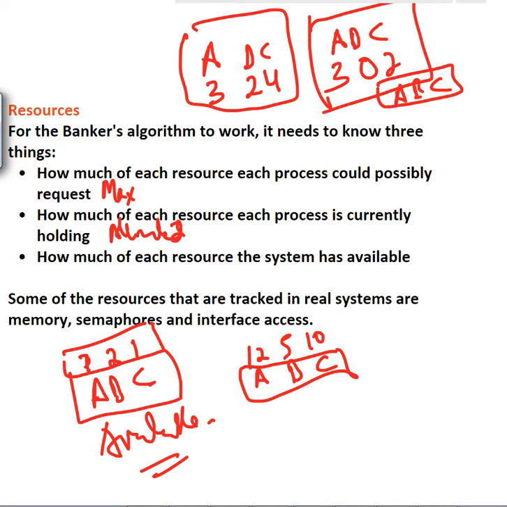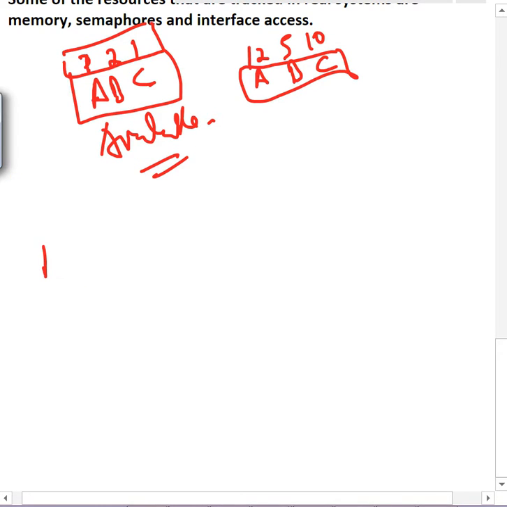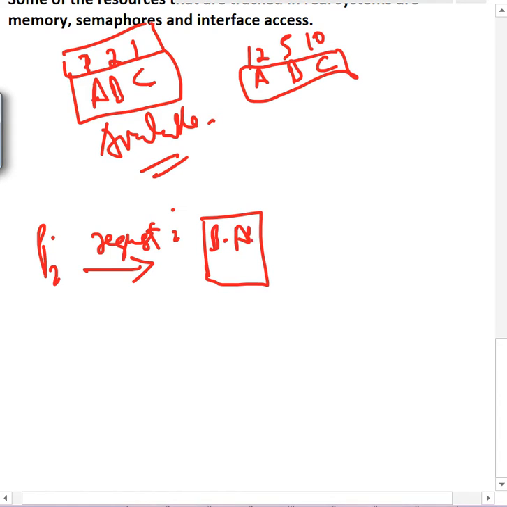Before that, I would like to sum up what I'm saying. Some process P_i has some request. It requests some resource, and our banker's algorithm does what? It says, okay, I will give you that resource.